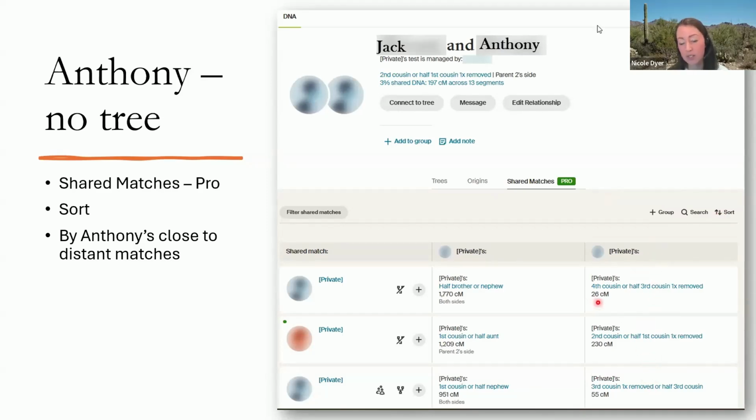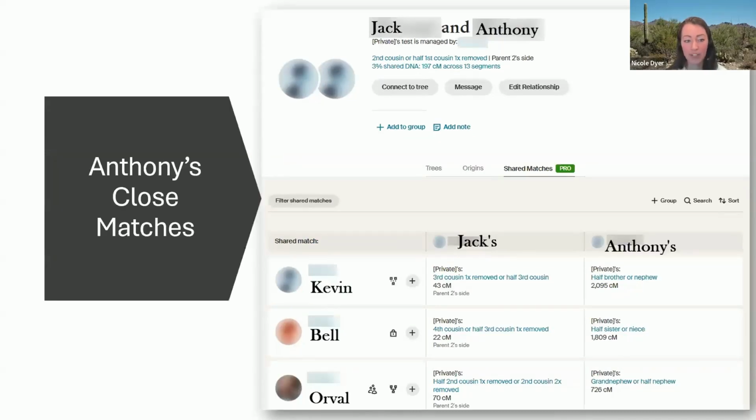Instead of starting with 26, we'll start with his closest centimorgans match and then going down. So after doing that, we now have all of Anthony's closest matches listed from closest to more distant. This is extremely helpful for figuring out Anthony's place in the tree and how he's related to Jack.